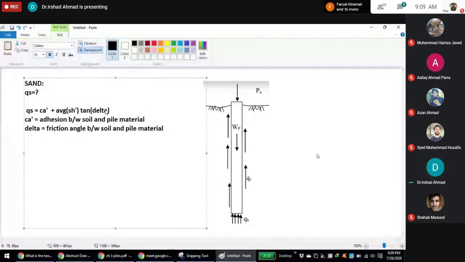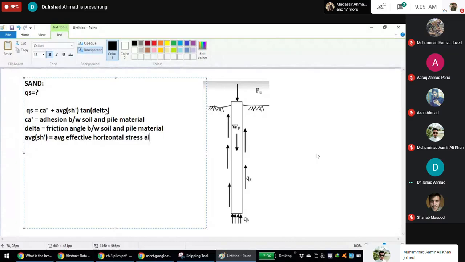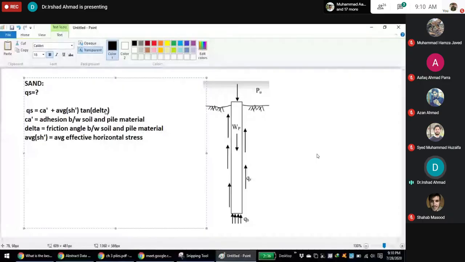What is average sigma H prime? Is average effective horizontal stress, or you can say effective horizontal stress averaged over pile length.